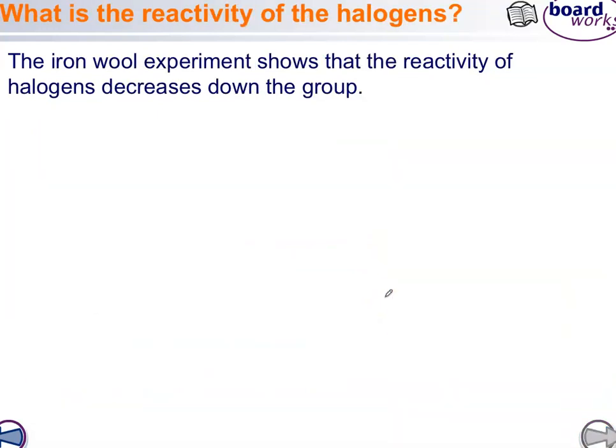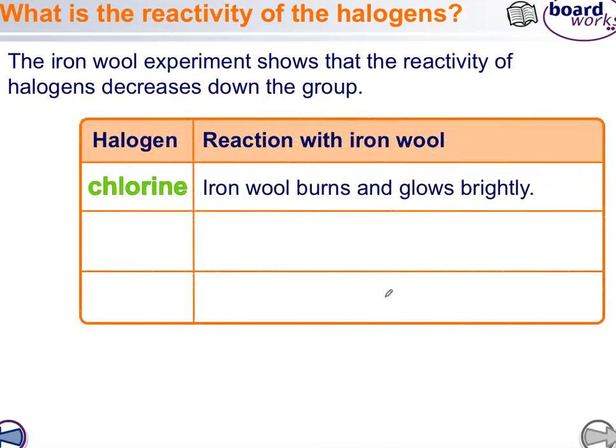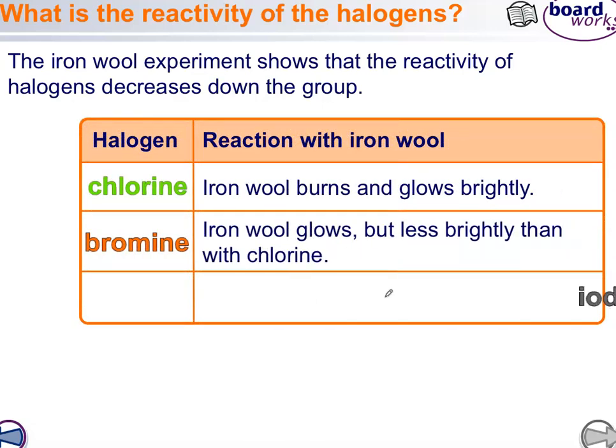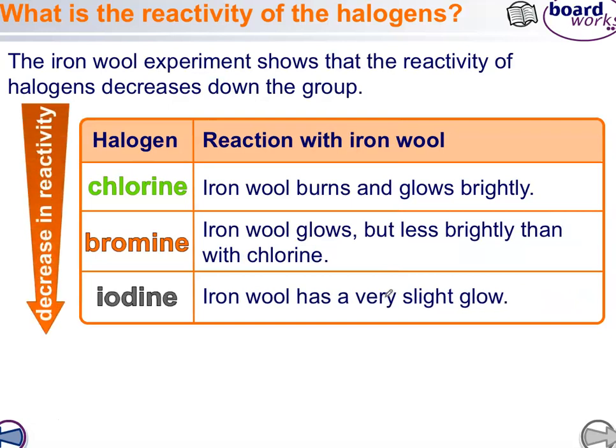Now, what is the reactivity of the halogens? Again, you will look at the wool experiment to establish that reactivity decreases as you go down the group.